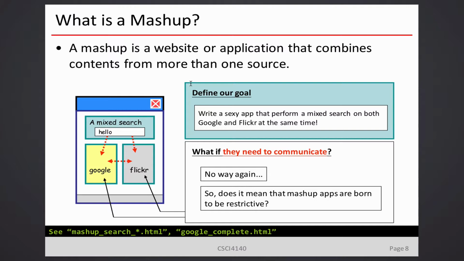Now the problem is not every site allows you to put themselves into an iframe that you host, okay? So this is a no-no. Why is this a no-no? Because of an attack from 5 or 6 years ago, called clickjacking.